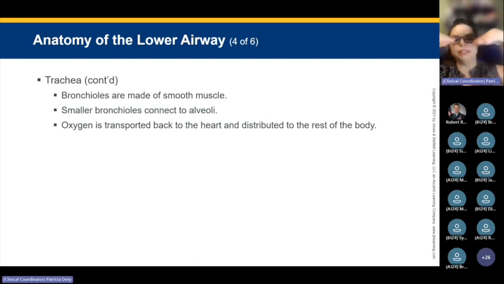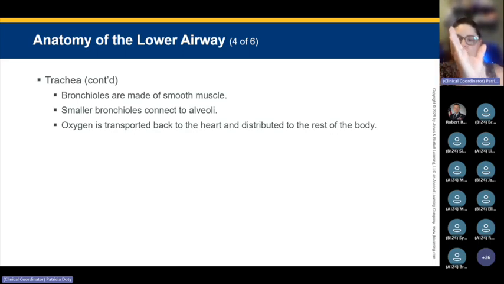What happens in these alveoli is that when the oxygen comes into this sac, it's going to diffuse. The oxygen diffuses over the membrane into the capillaries that run right below it. The capillary beds are right here, surrounding each one of the alveoli.